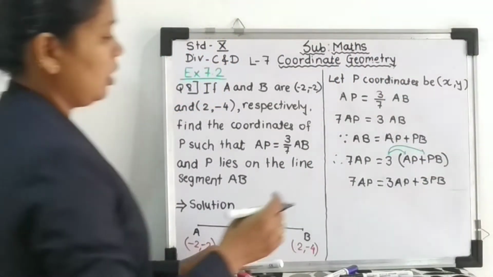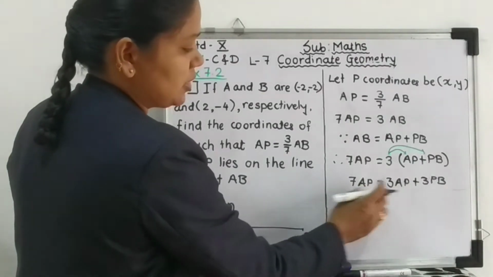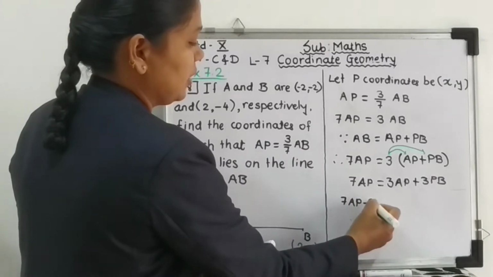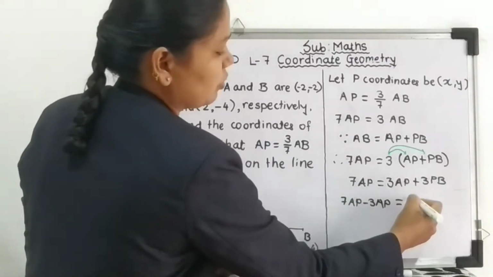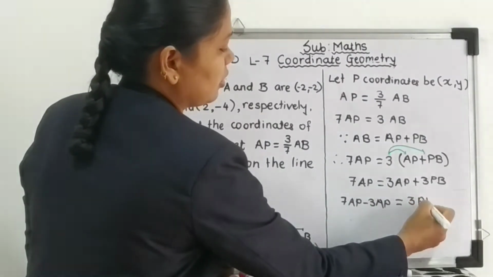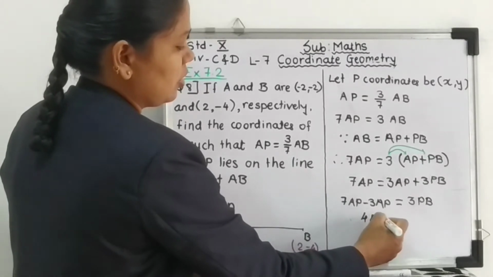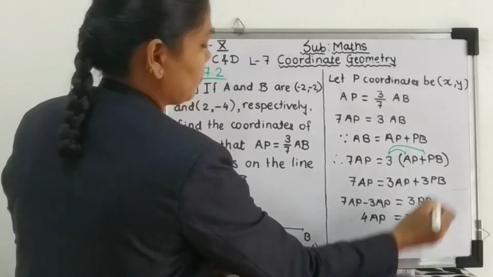Right? Now this AP we will transpose here. Similar terms, we say, no? So 7 AP minus 3 AP, where it will be subtracted when it shifts towards the left side, equals PB. So this is 4 AP, subtraction we got, and 3 PB.